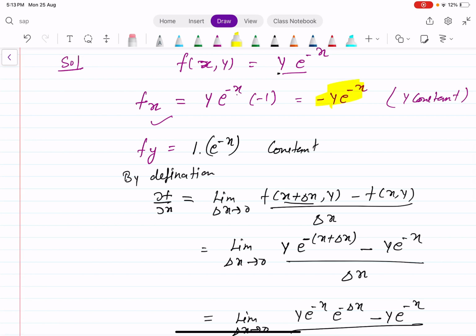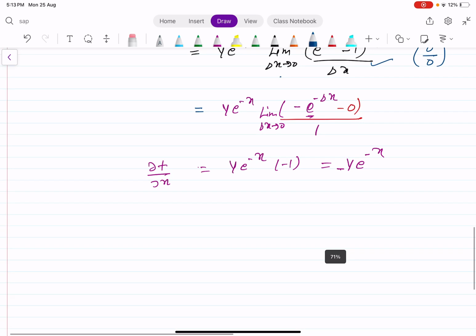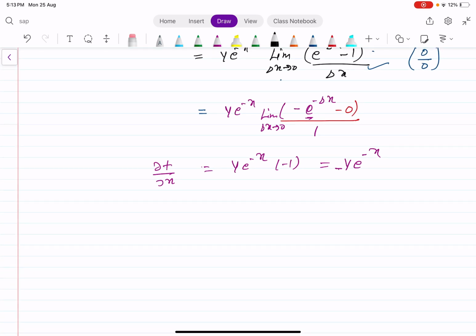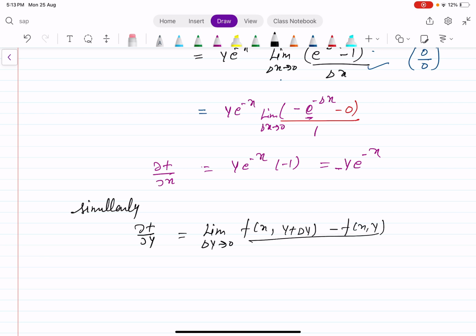Similarly, we can compute the value of del f over del y. It is the limit as delta y tends to 0 of f(x, y plus delta y) minus f(x, y), upon delta y.